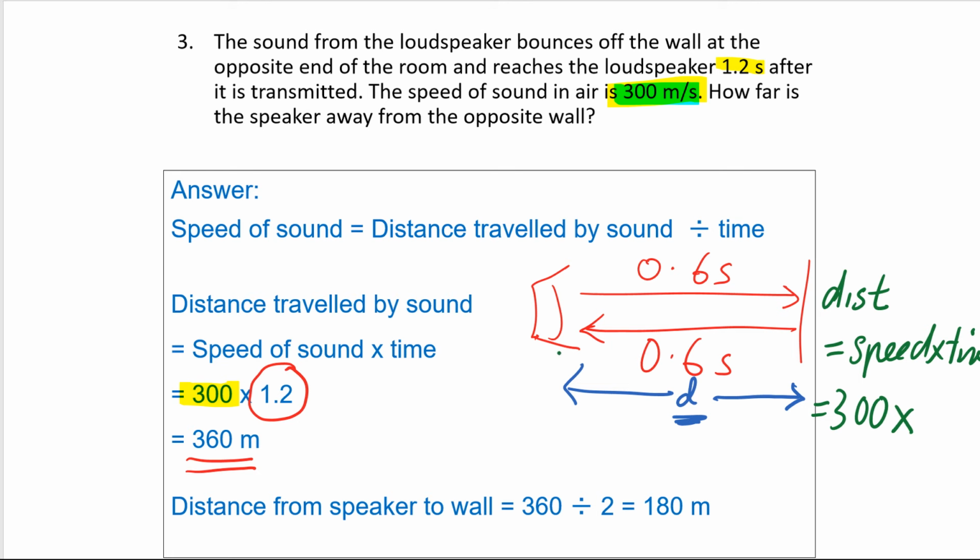If I want to know the distance from here to here, just one way, then I only need to know the time needed by sound to travel from the loudspeaker to the wall, and in this case 0.6. So that's another way I can do. I find this more convenient because then my final answer I don't need to divide. So 2 methods.